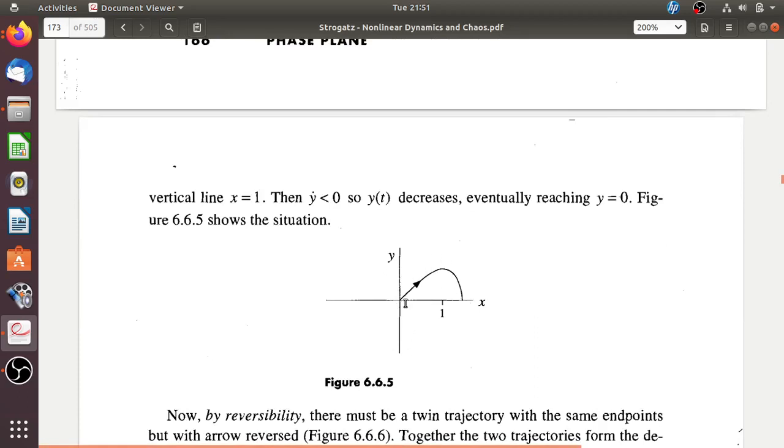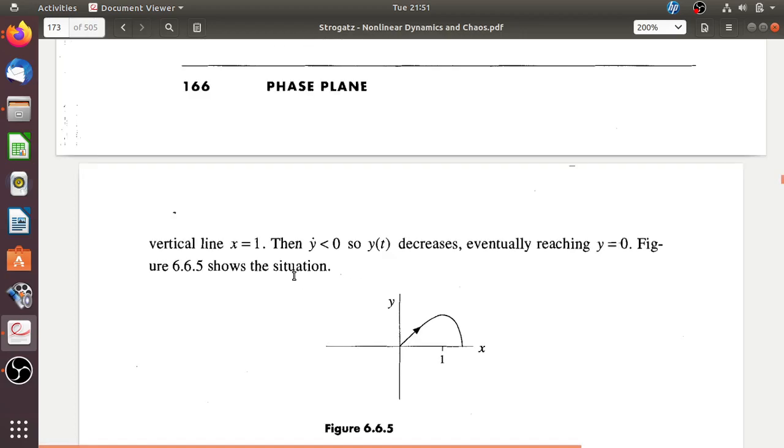At this moment we know this is the fixed point, a saddle point, and from this point a trajectory will come out in this direction. What will happen to that trajectory after that is not known at this moment.